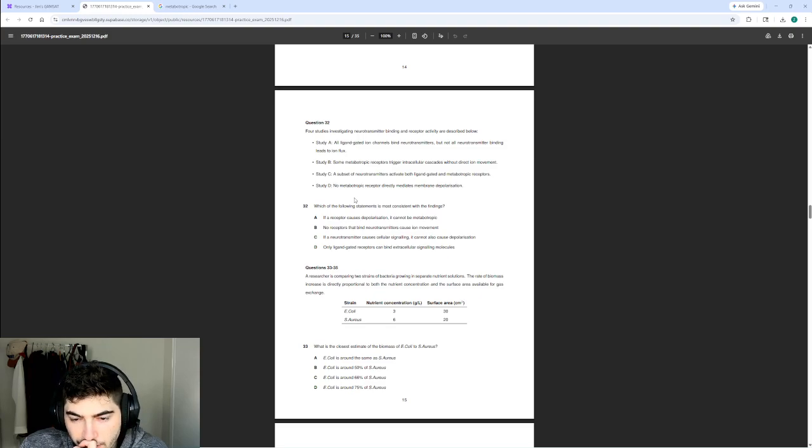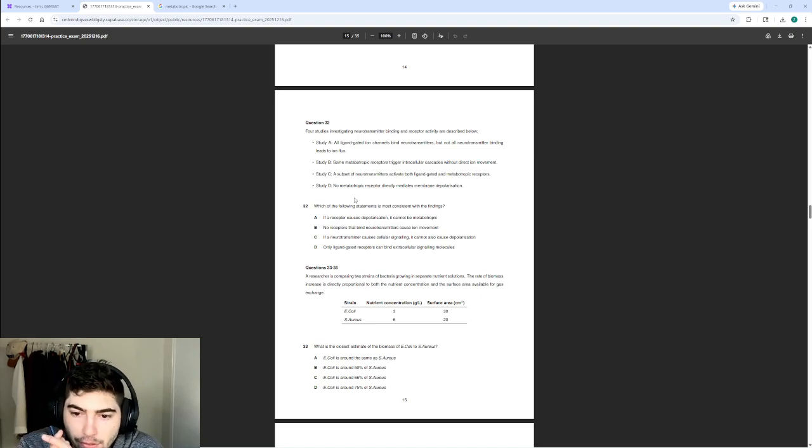Only ligand-gated. This is the one I had. Only ligand-gated receptors can bind extracellular signaling molecules. I don't know why, but I think that's right either.